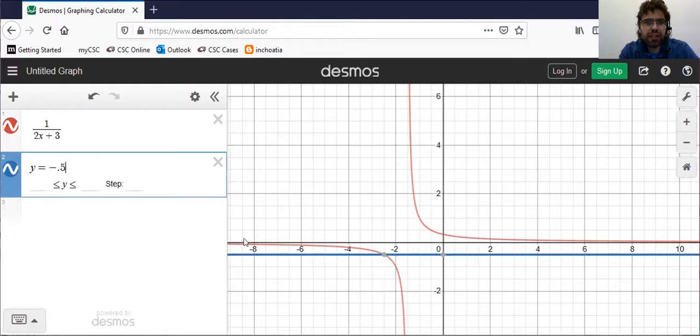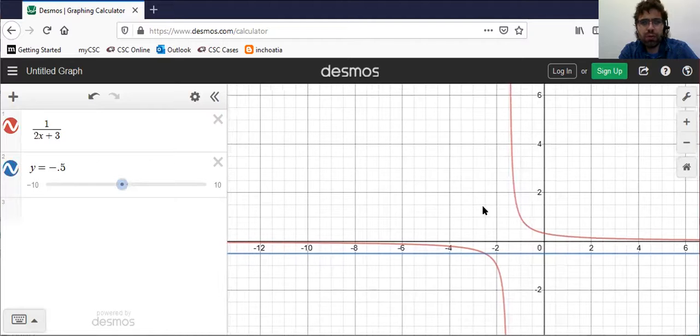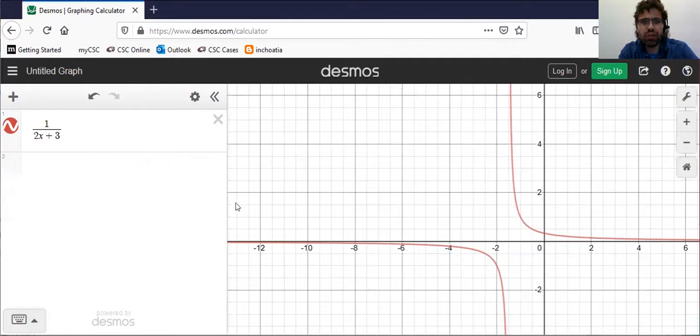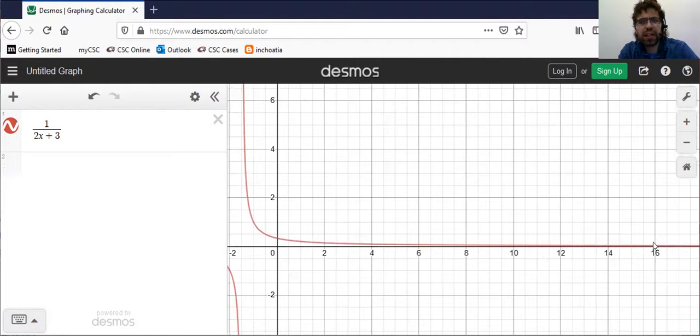It may kind of look like the horizontal line at 0 will touch the curve more than once, maybe somewhere out here, and then again somewhere out here. Actually, the horizontal line at 0 misses the curve entirely, doesn't touch it at all.